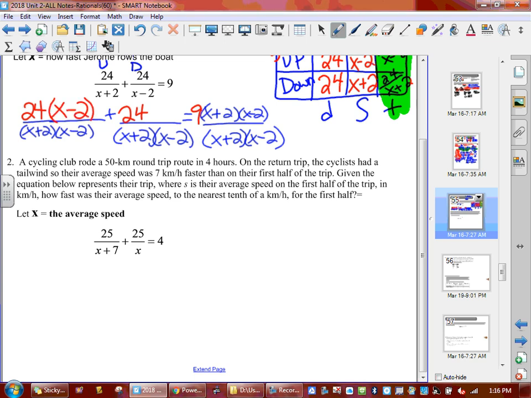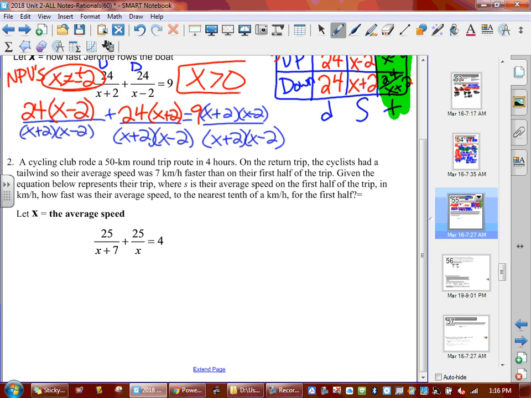What's missing on the second one? x plus 2. What are the non-permissible values? x cannot be plus and minus 2. What is the restriction? x has to be greater than 0.